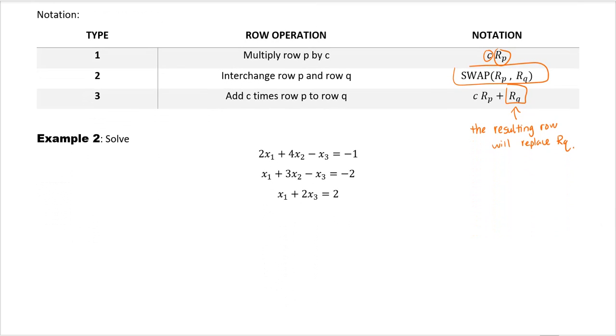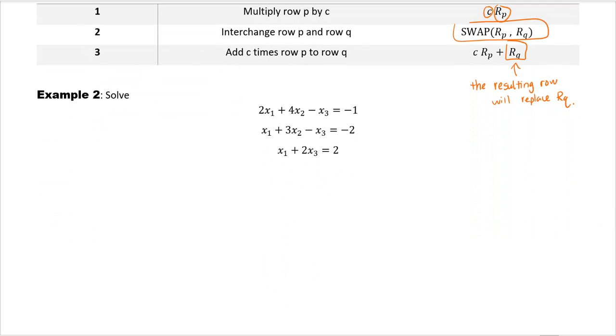Okay, so this is example 2. So how do we solve this system by Gaussian elimination? So first, we want to rewrite this linear system into the augmented coefficient matrix. For the augmented coefficient matrix, we put on the coefficients of x1, which is 2, and then 4, -1, and -1.